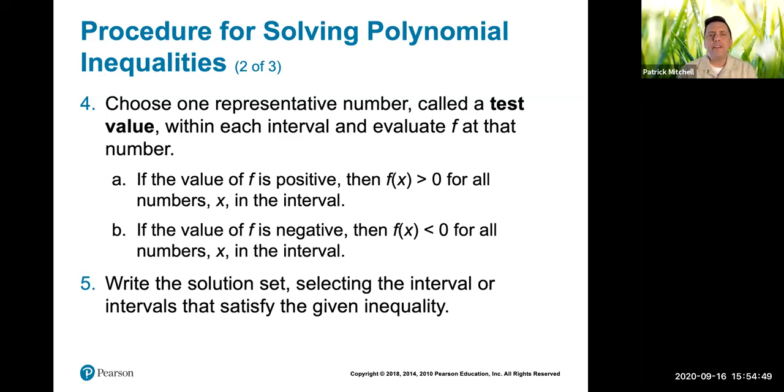Similarly, if the value of f is negative, then f of x is less than 0 for all numbers in the interval. Lastly, you write the solution set, selecting the interval or intervals that satisfy the given inequality. If there's more than one interval, you join them together with union signs.